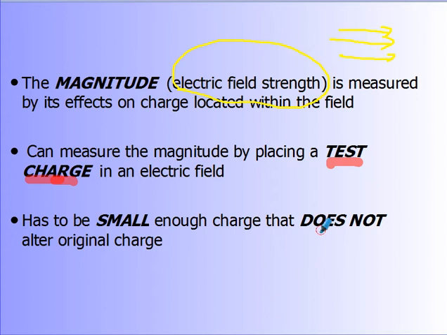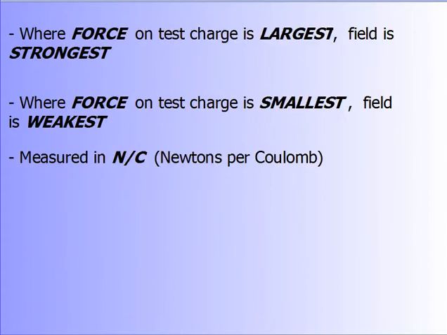Now my test charge has certain characteristics. It's got to be small. We're going to pretend like I have taken a tiny little charge and I put it in this field, and the charge itself is so small it doesn't affect the field itself, but I'm going to measure what happens to that charge. Now, wherever the force acting on my tiny little test charge is large, tells me I have a strong field.